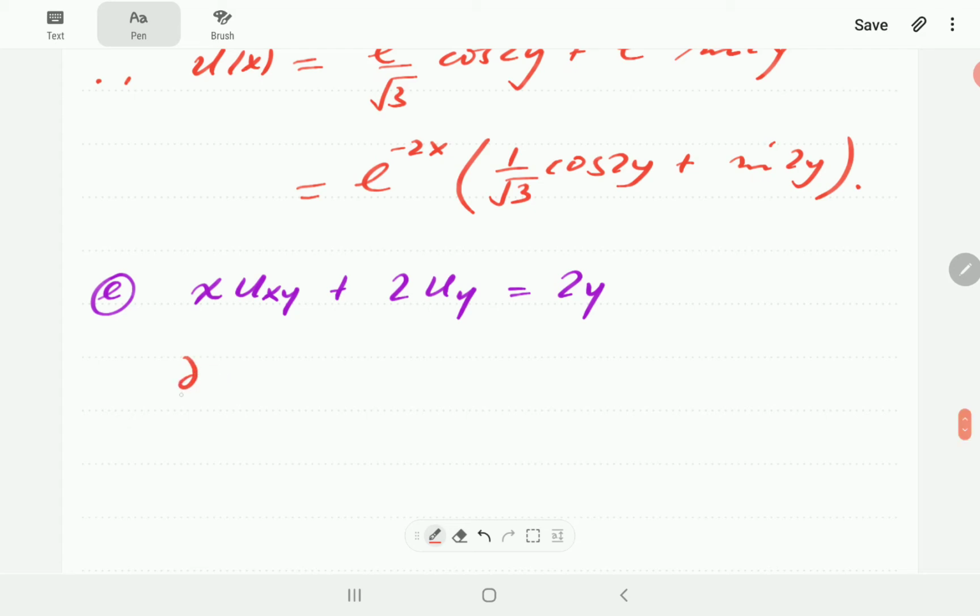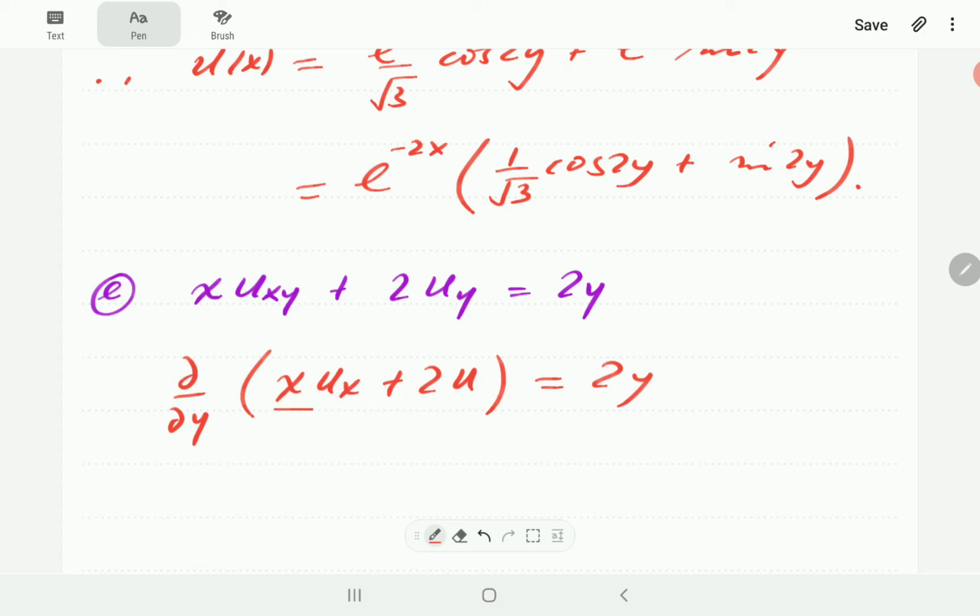So we could write this as partial y of x u_x plus 2u, because if you differentiate this with respect to y, you get this. It won't be a product because this is independent of y.